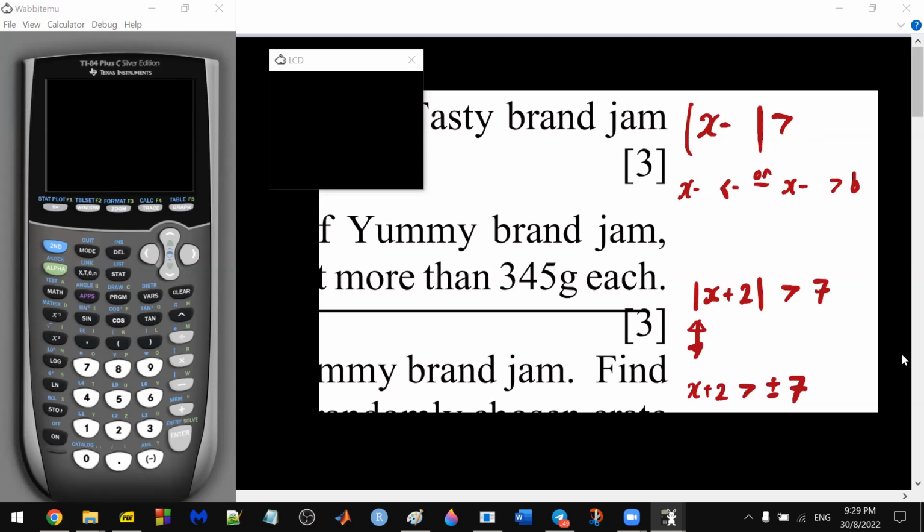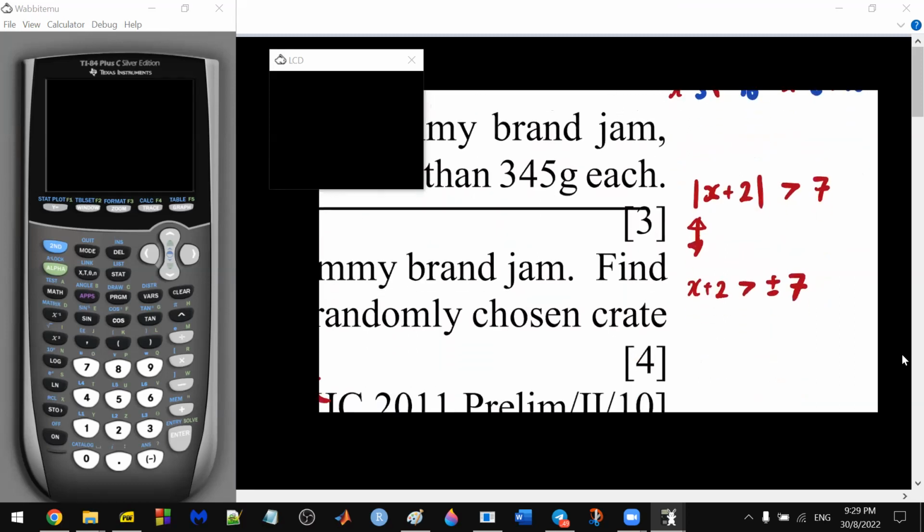I change it to actual numbers. Would that help? So to solve inequality, it is not the plus minus. Yes, you do not plus minus. That's illegal notation. It doesn't even make sense.